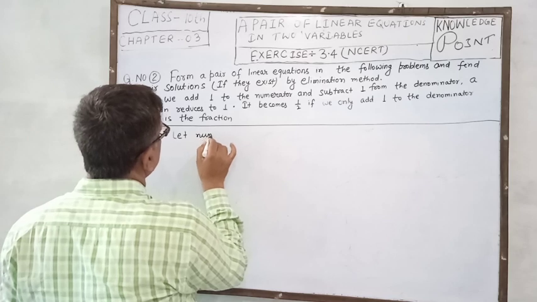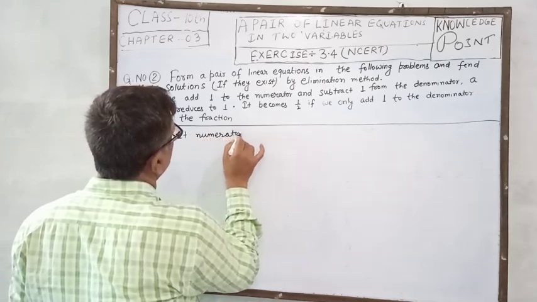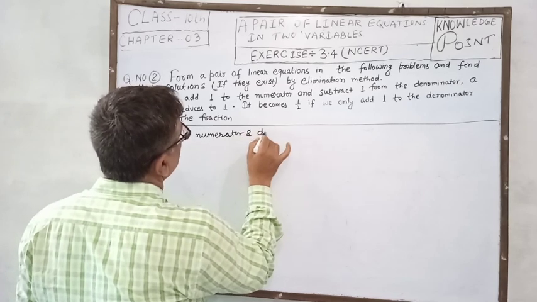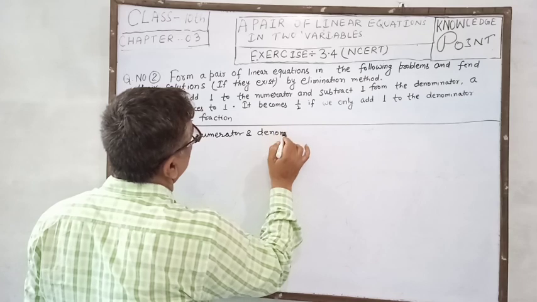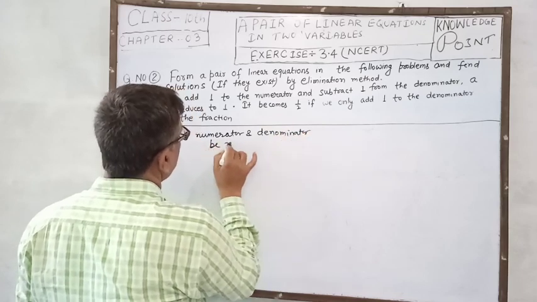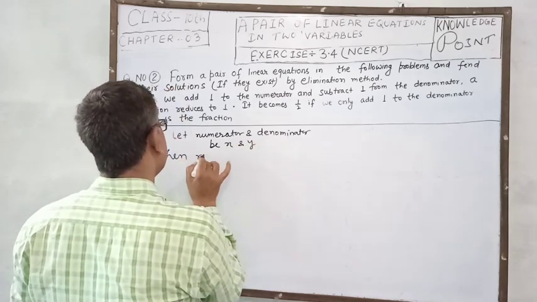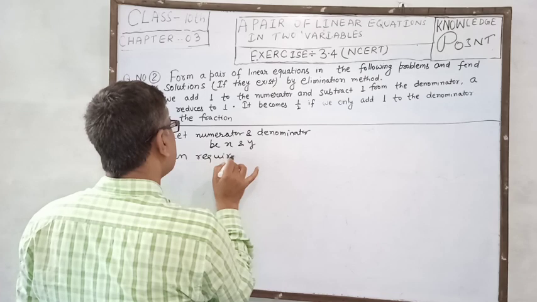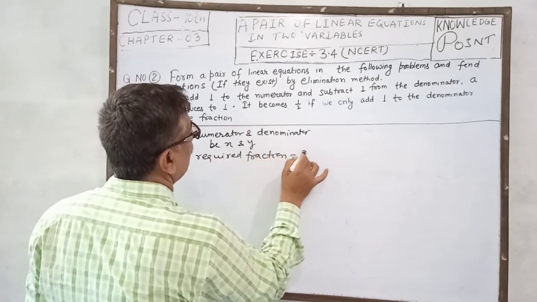Okay, suppose the numerator and denominator be x and y, then the required fraction is x by y.